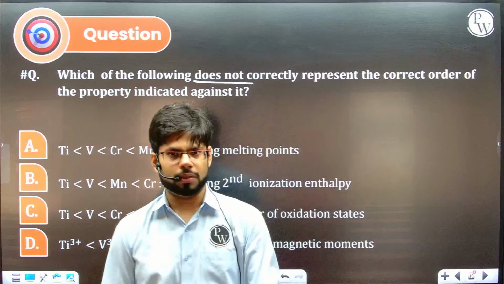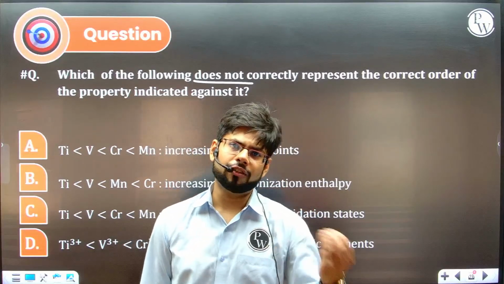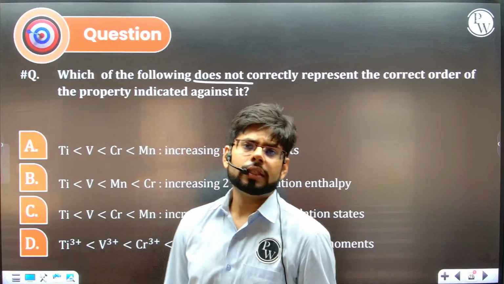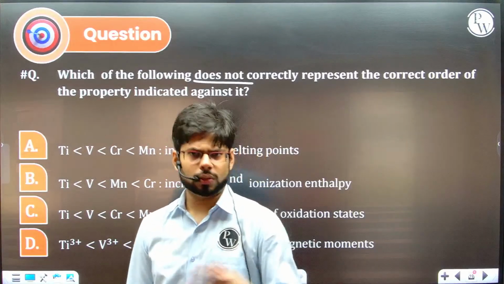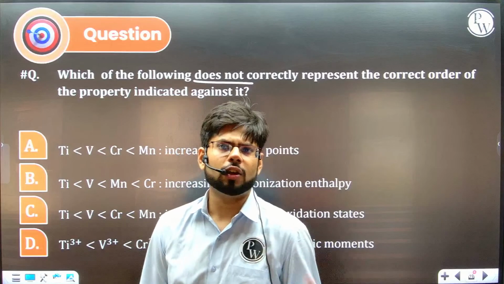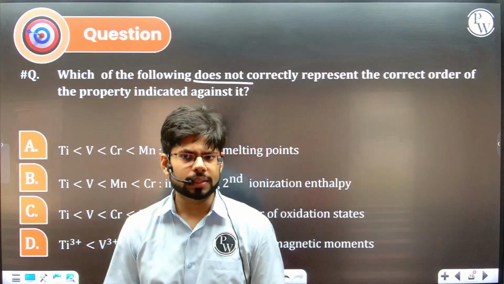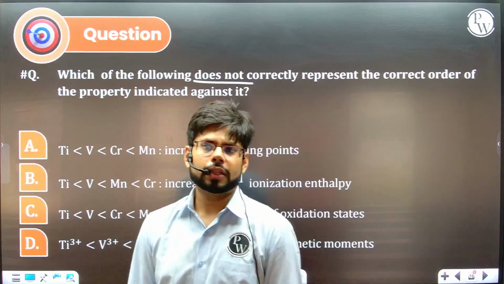You don't have to memorize, but you should know the order of the melting points of elements of 3D series, you should know the order of the E0 values of +3 oxidation state or +2. So basically we have to be very thorough with the orders pertaining to these things, but we don't have to memorize values, and especially for the elements of 3D series we have to be very careful.